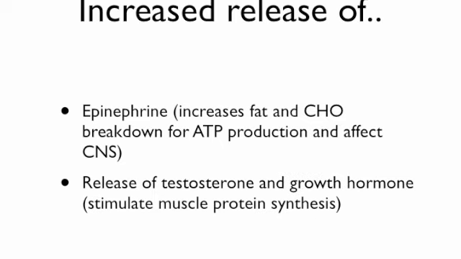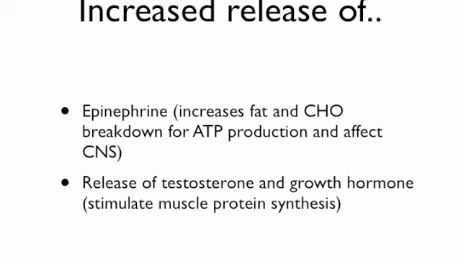And we also see an increased release of epinephrine and norepinephrine. In addition to increasing the heart rate and blood pressure, they also make fats, free fatty acids, and carbohydrates available to produce ATP. So they're making it so that we have energy substrates available to form ATP to fuel the effort with resistance training.